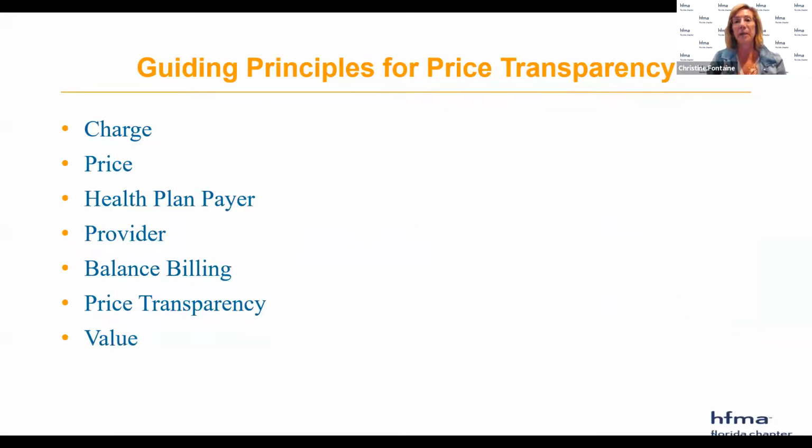So the guiding principles we're going to talk a little bit about here are about price transparency. So that is important. A charge is the dollar amount a provider sets for services rendered before negotiating any discounts. And the charge can be different from the amount paid. The price is the total amount a provider expects to be paid by health plans, payers, and patients for healthcare services.